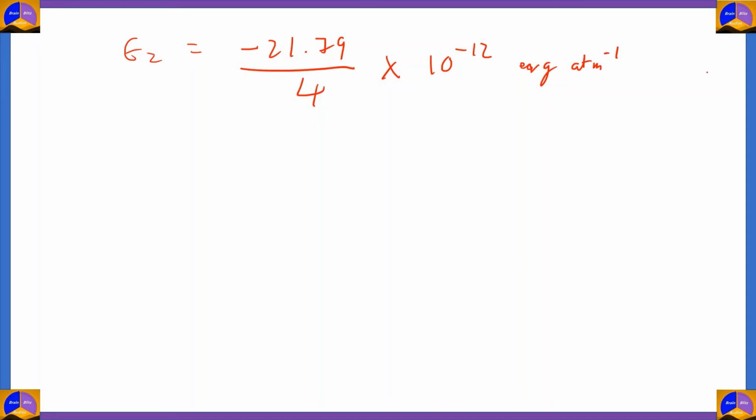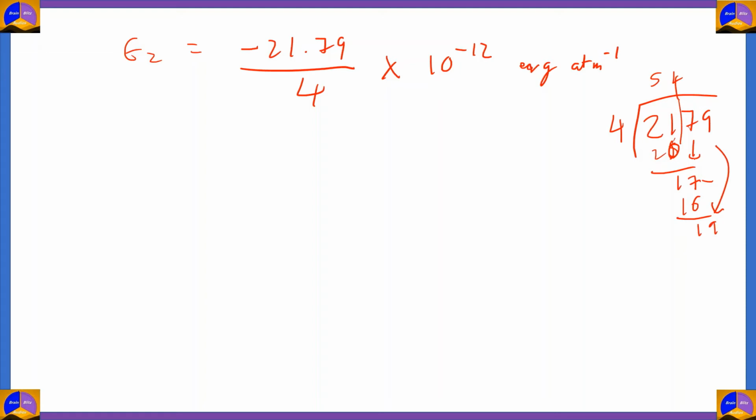So now it's really simple. We'll just divide 2179 by 4 and then use the appropriate decimal placement. So 4 goes into 21 5 times. So 21 minus 20 is equal to 1. 4 goes into 17 4 times. So 16, so that's 1. 4 goes into 19 4 times.